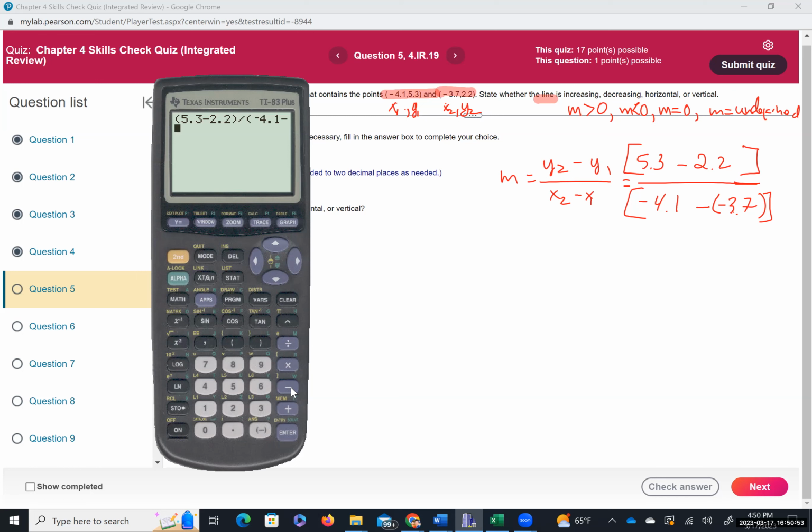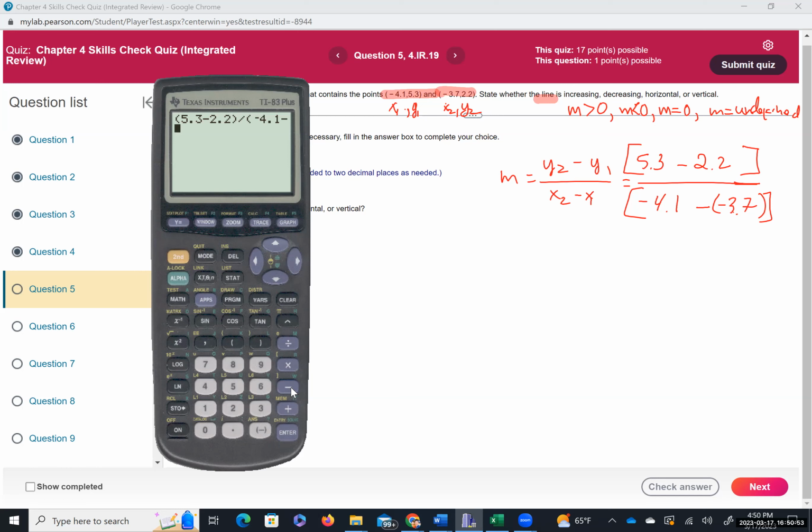Type an integer or decimal, round to two decimal places. So actually you can use negative 7.75 here because it has two decimal places. So negative 7.75 as the answer for that.